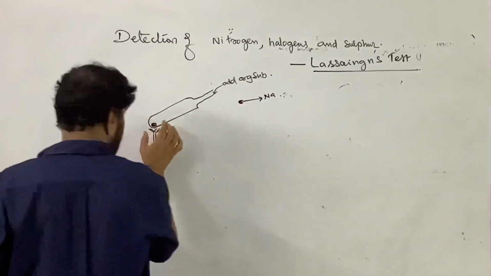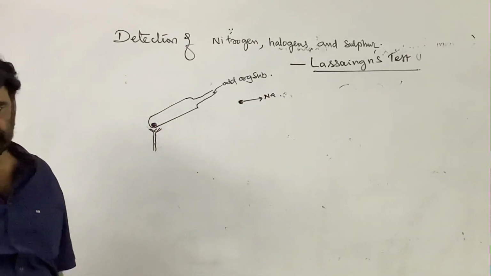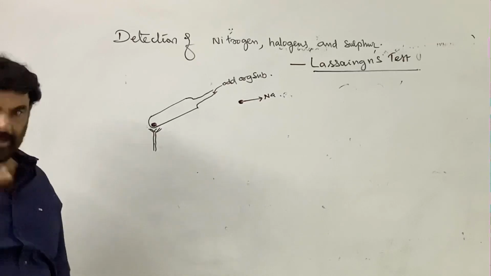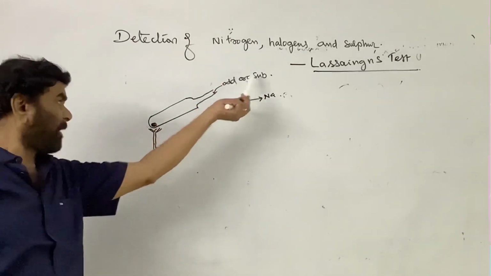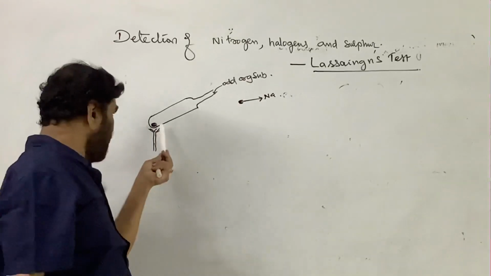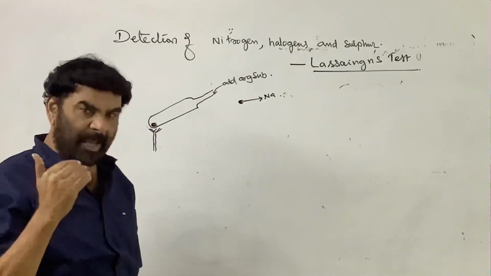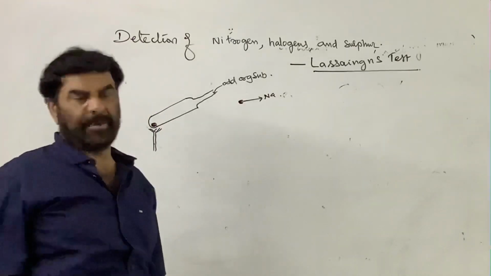So first it is heated slowly for some time. We are allowing it to react, not allowing the organic substance to escape, and heating slowly. Then after some time, increase the temperature.